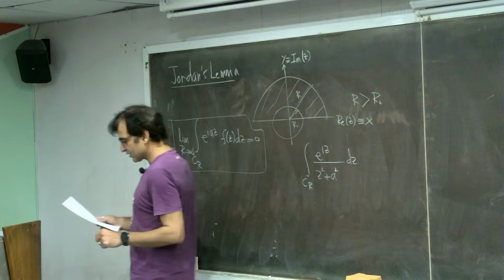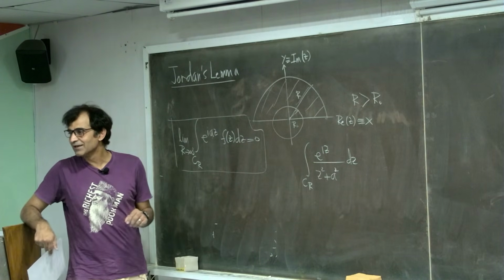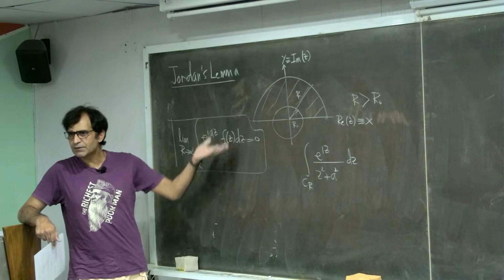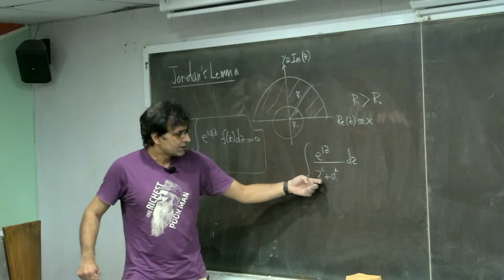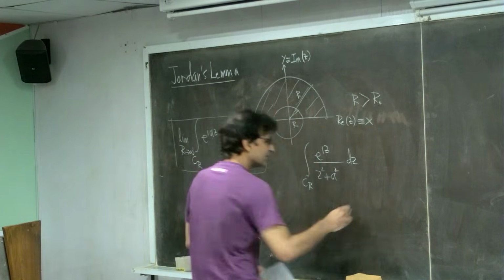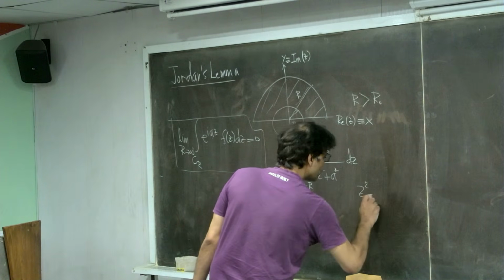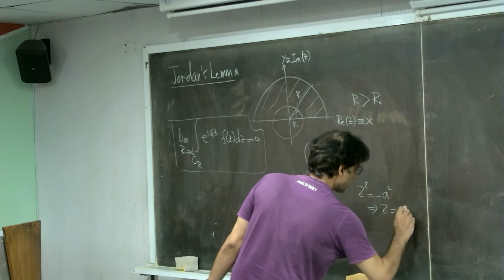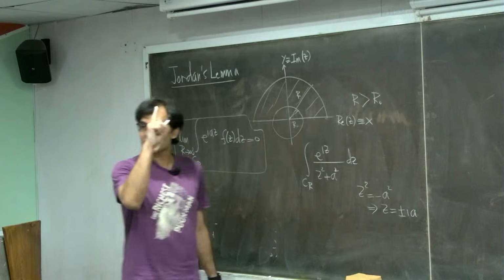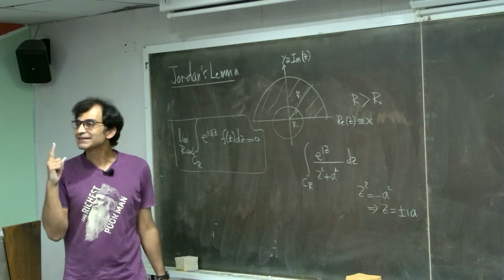So can you tell me whether the first two conditions are satisfied or not? f of z is definitely analytic beyond some range. It has poles where z squared is equal to minus a squared. This implies z is equal to plus or minus iota a. So you can see that the poles are on the imaginary axis.